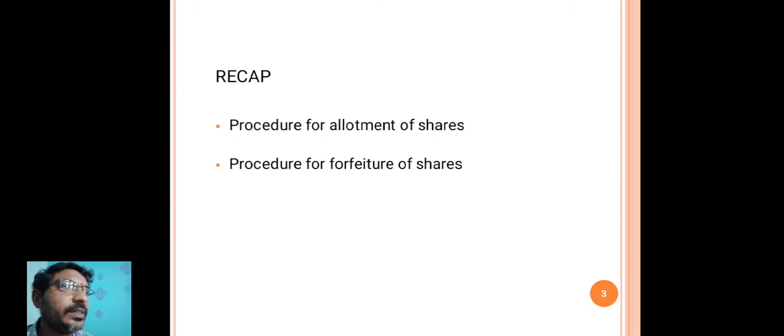The board of directors passes a special resolution in the meeting.